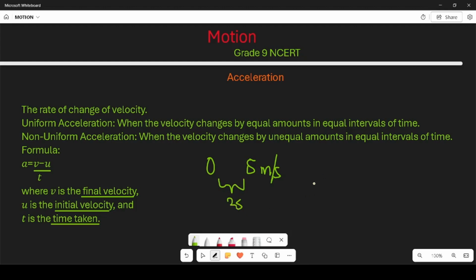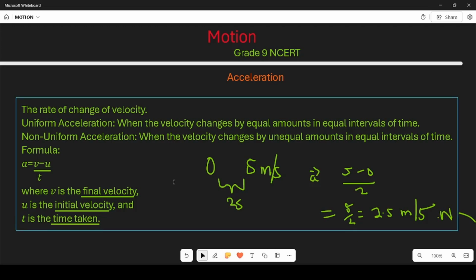Then the acceleration would be 5 minus 0 over 2, that would be 5 upon 2, or 2.5 meters per second squared in whatever direction specified. Let's say it's specified north direction. So there you go, problem solved.